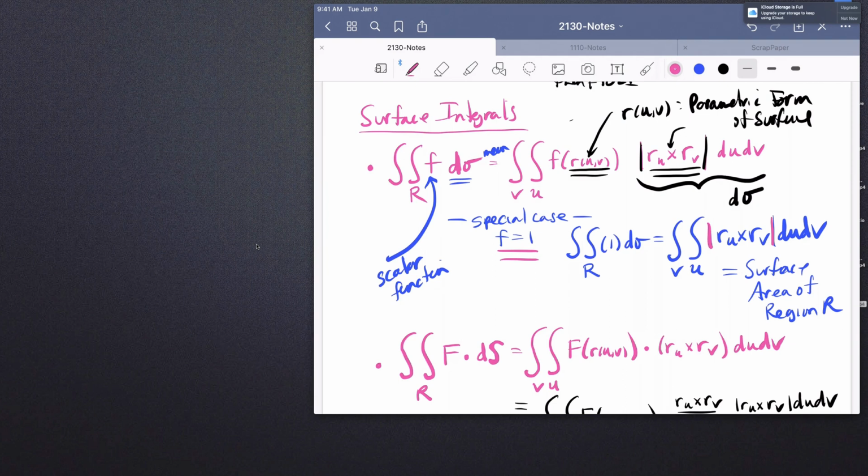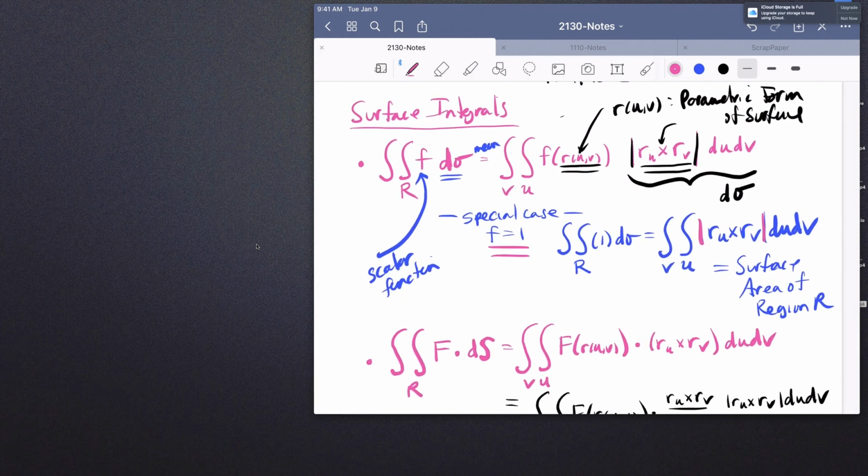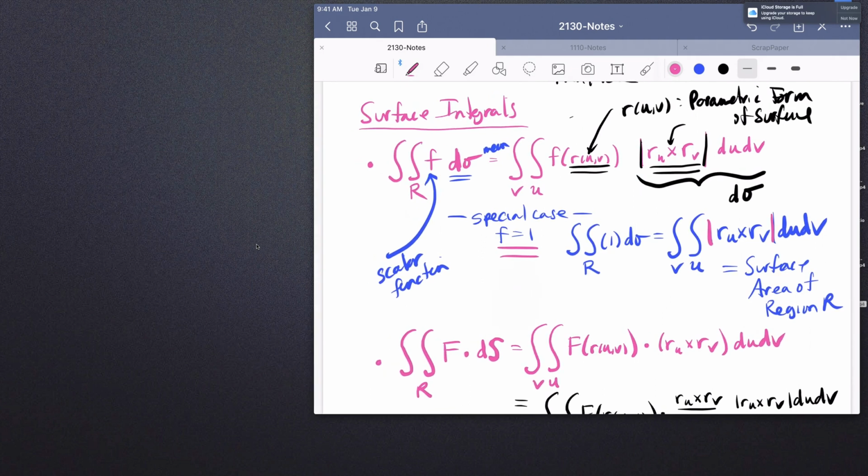What we're going to find is that this will be the equivalent of the surface area of the region R, just as the line integral gave the length of the curve. So a surface integral of a scalar function, when that function is equal to 1, is a special surface integral: a surface area integral.